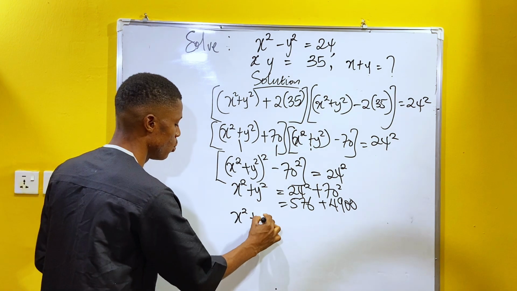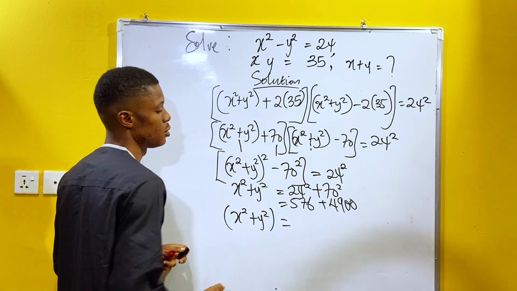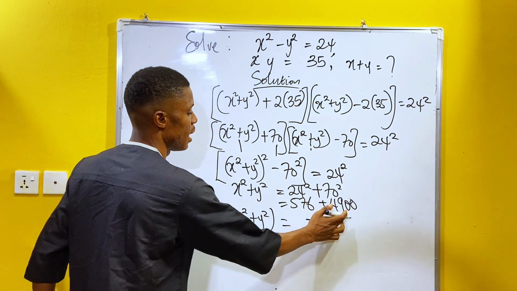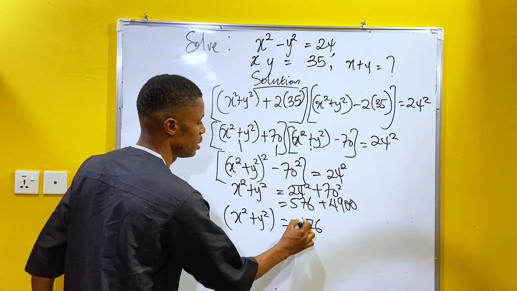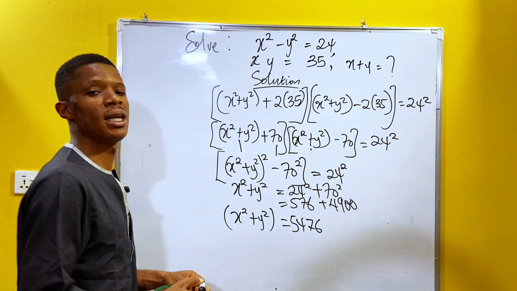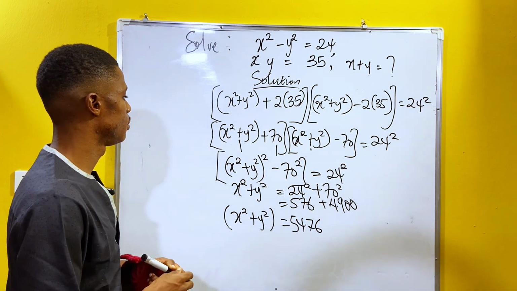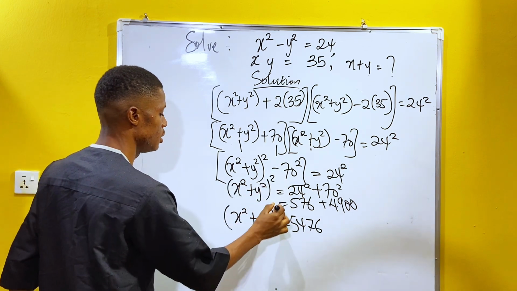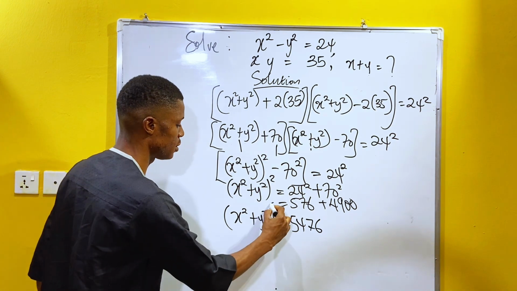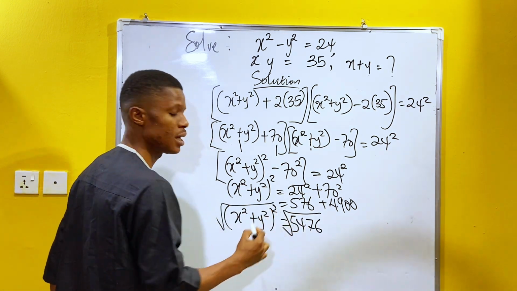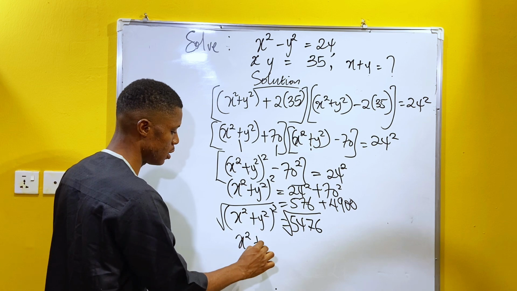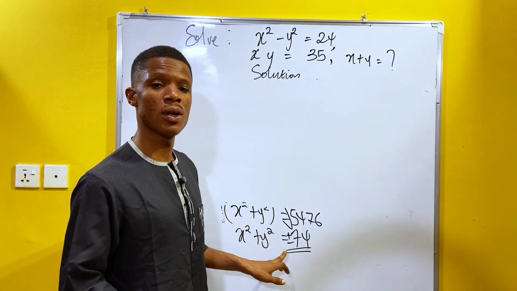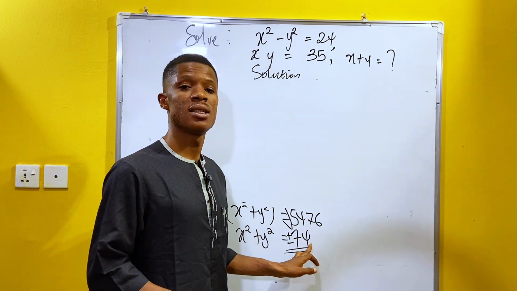So x squared plus y squared all squared is equal to 5,476. Remember, the thing we do is just to take the square root of both sides. If you take the square root of both sides, you observe that x squared plus y squared is equal to plus or minus 74.